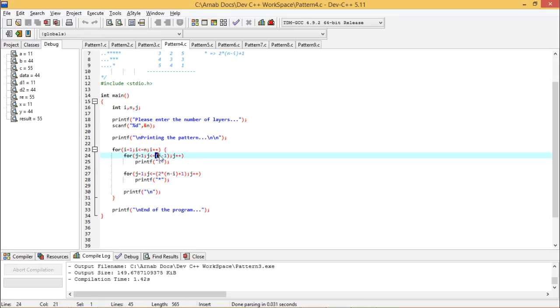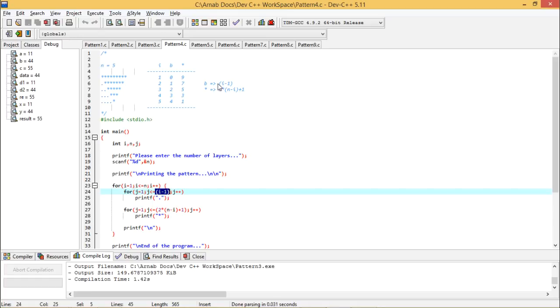What is the logic for blank printing? The logic for blank printing is I minus 1. What is the logic for star printing? The logic for star printing is 2 into (n minus I) plus 1. In this way, the blank spaces will be printed, the stars will be printed, and there will be a continuity break using printf backslash n.